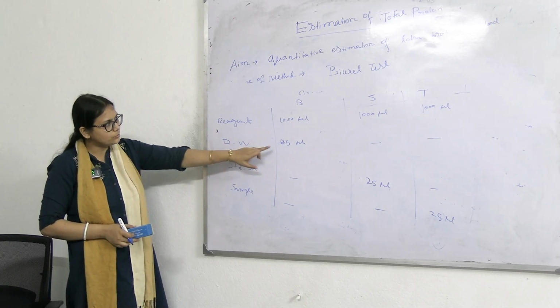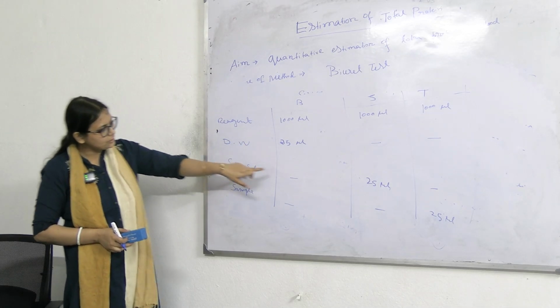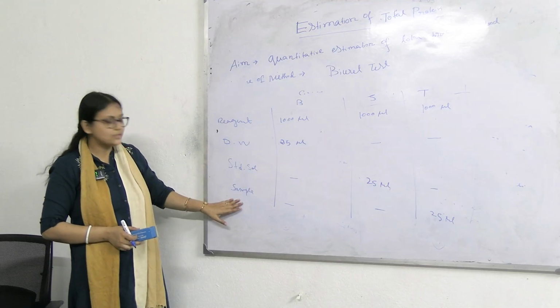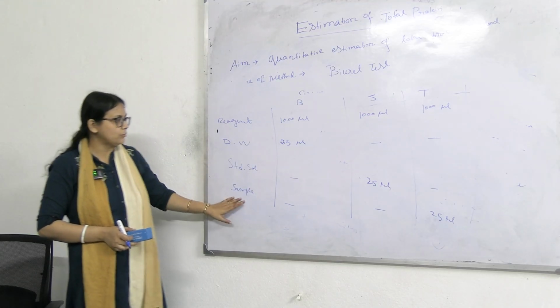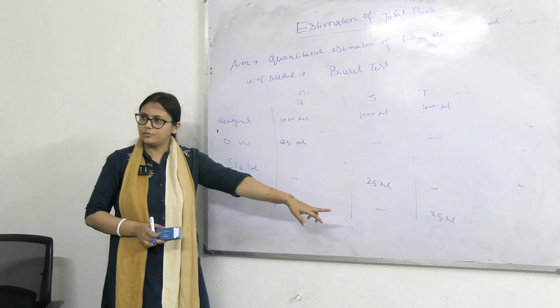Distilled water in the blank test tube, standard solution in the S test tube, and the sample, meaning blood serum, we add in the T test tube.